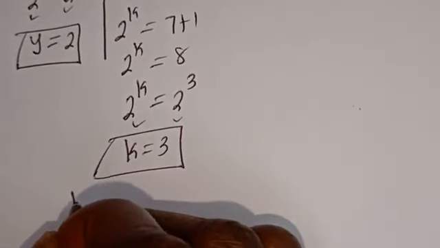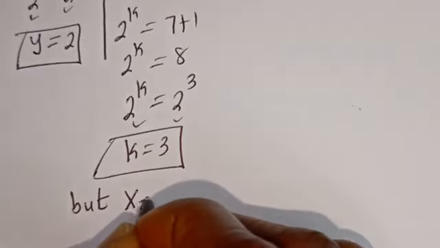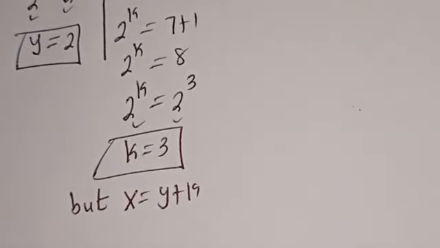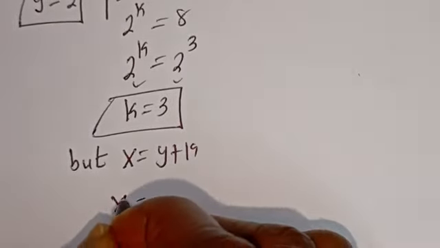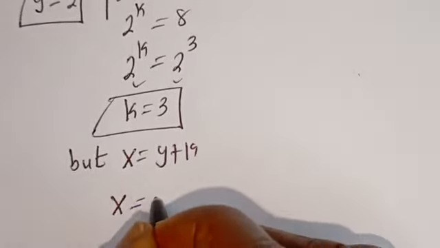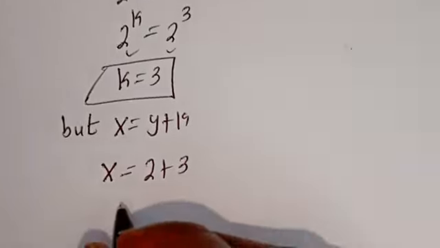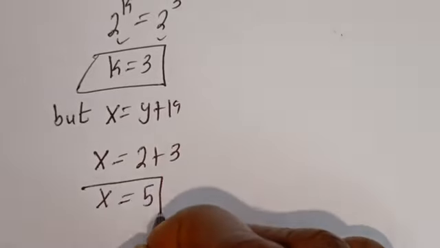But x is equal to y plus k, x is equal to y is 2 plus k is 3, x is equal to 5.